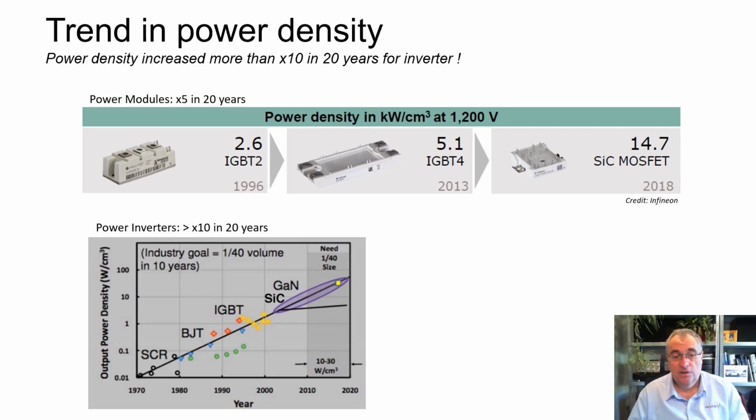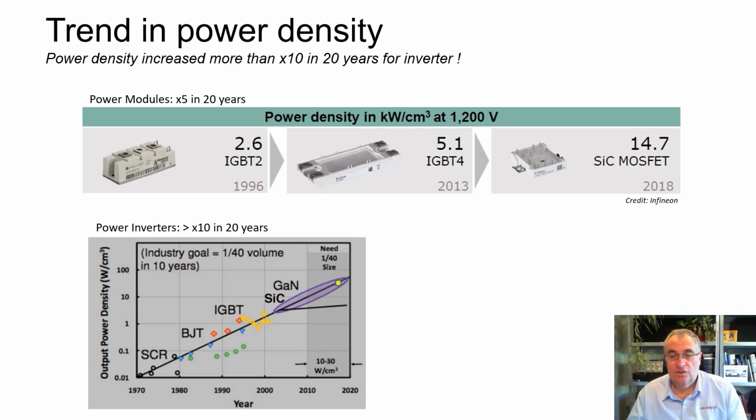If we look at the power inverter, it's even a factor of 10 over the last 2 decades, as compared to the last IGBT-based inverter, and then the IGBTs, and now SiC and GaN, where you can see that the power density expected is just amazing.